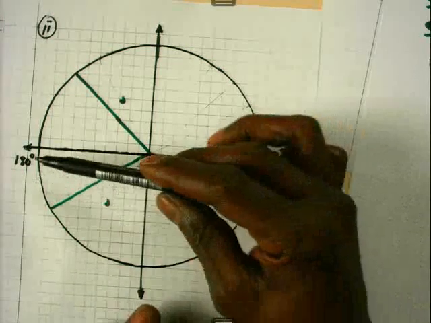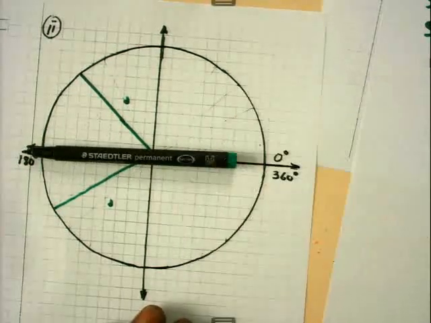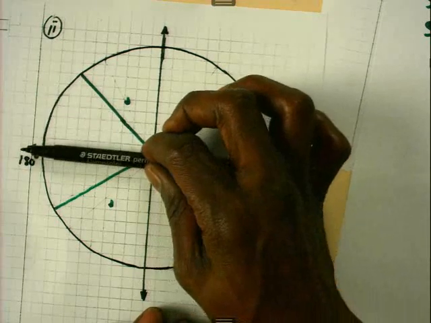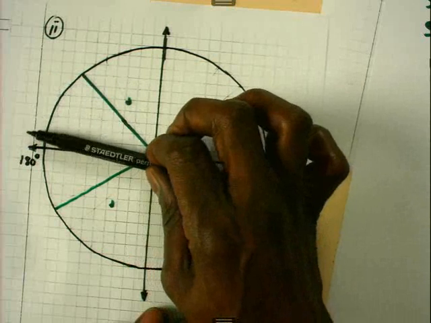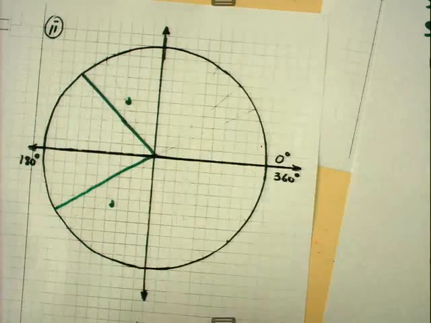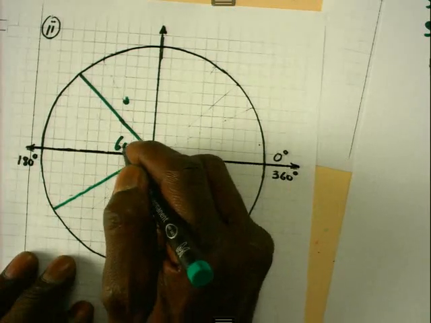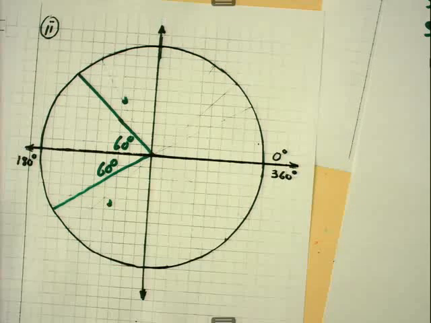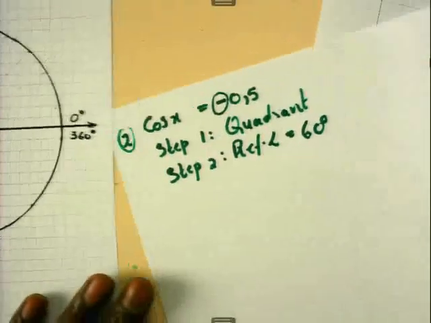Now observe, I'm always using my x-axis to measure my reference angle. So my reference angle should be 60 degrees. That implies this angle must be 60 degrees and that angle must be 60 degrees. Now we go to the next step.